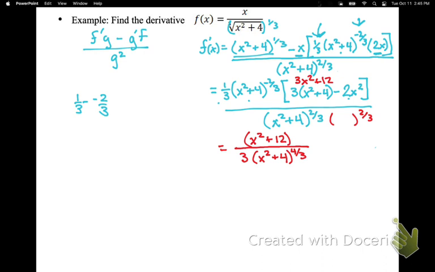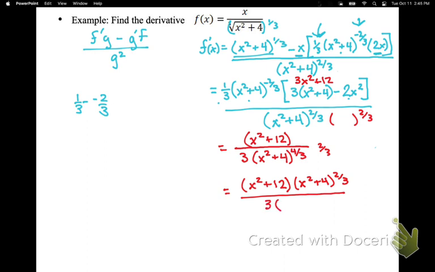So what do I need to add to 4/3 to get to the next whole number? 2/3. So my numerator is going to be x squared plus 12, and then x squared plus 4 to the 2/3, all over 3.